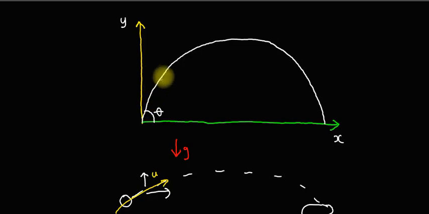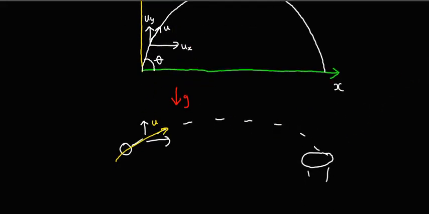Since it was launched at an angle, it's going to have a vertical component of that initial velocity, and it's also going to have a horizontal component. You represent that as uy and ux respectively. So down the center is u, which was the initial velocity that this object was launched with.